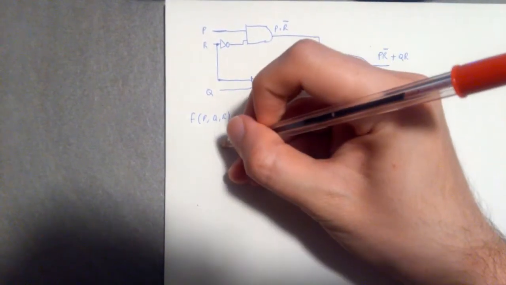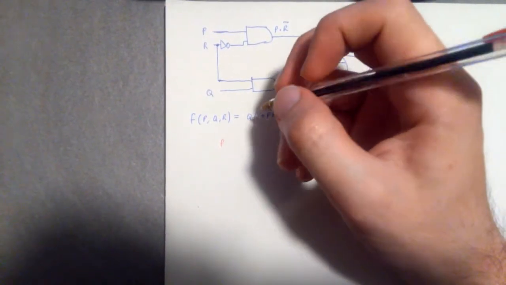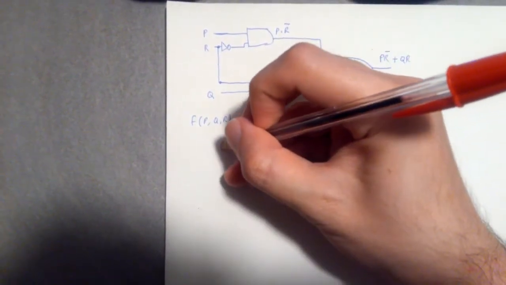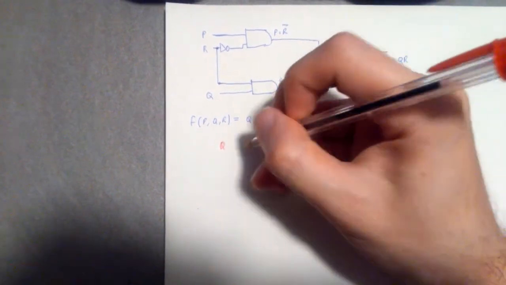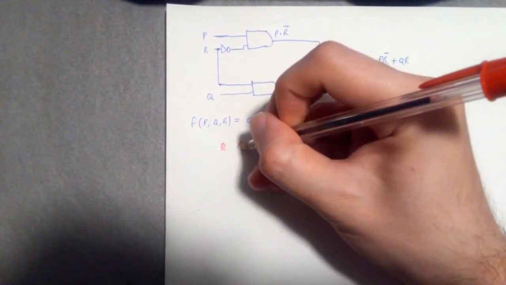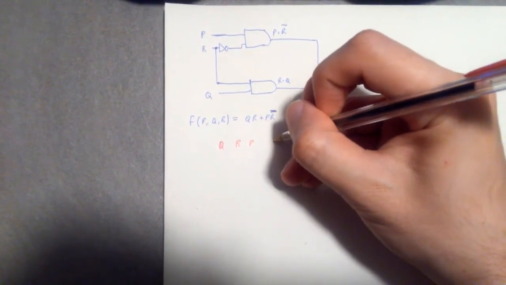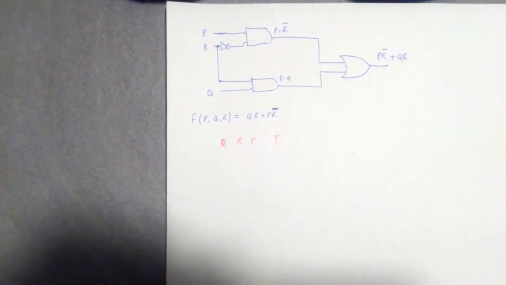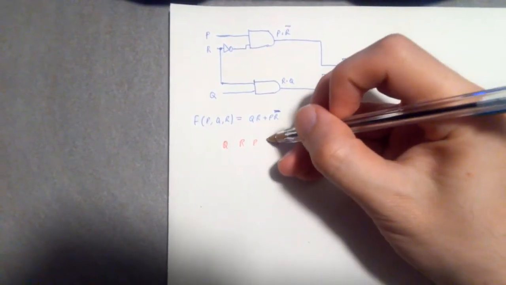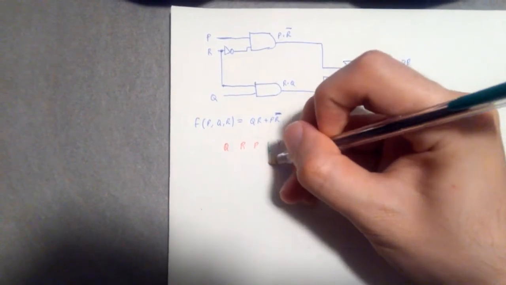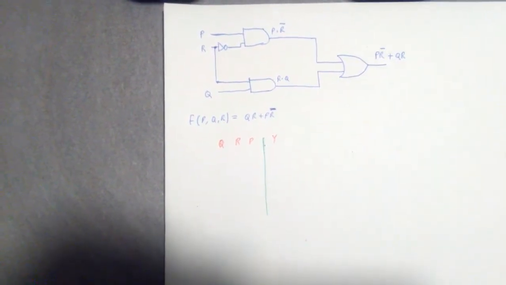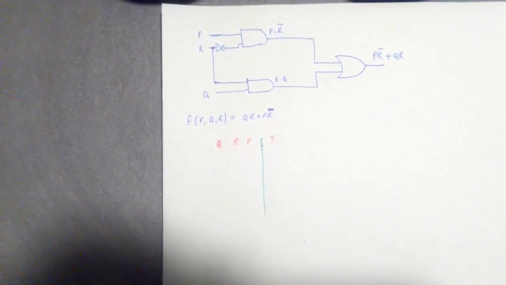Our inputs are P, Q, R, and our Y is going to be our output.